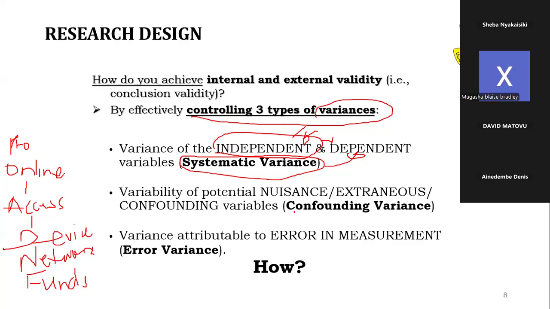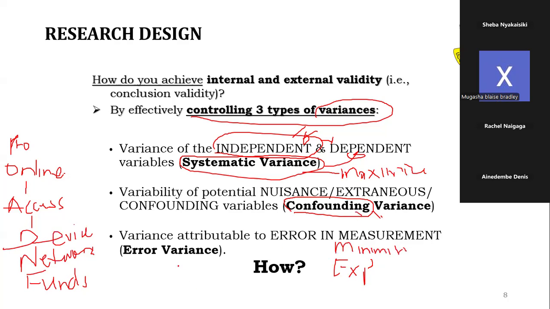Then the confounding variables are those variables that will interfere. What did we call them? That word I keep forgetting. Extraneous, yes. Those are the confounding variables. We want to minimize these. So in systematic variance, we want to be as homogeneous as possible and maximize this, while here we want to minimize.